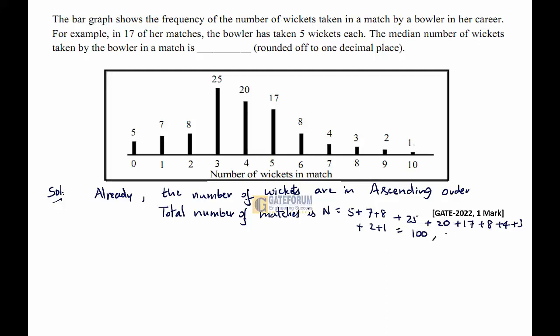So n is even. If n is even, there are 2 middle terms, and the average of these 2 middle terms is the required median. Median indicates positional average.